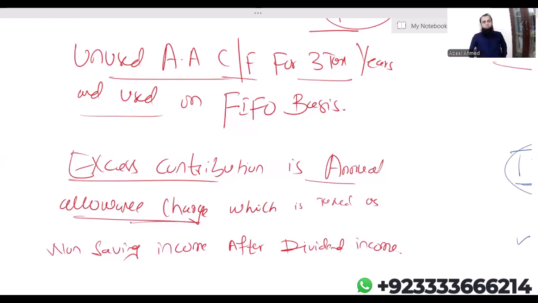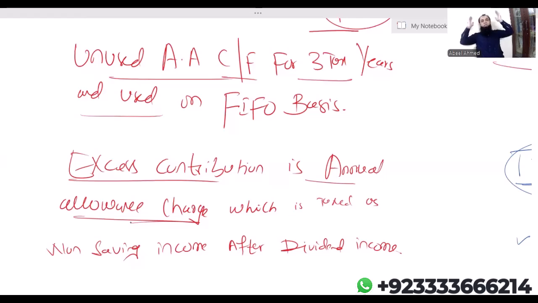If the actual contribution is more than the annual allowance limit, then excess contribution is called annual allowance charge. Simply, we treat annual allowance charge as non-saving income. And on that non-saving income, you will pay the tax, and the tax rates are applicable from non-saving income.